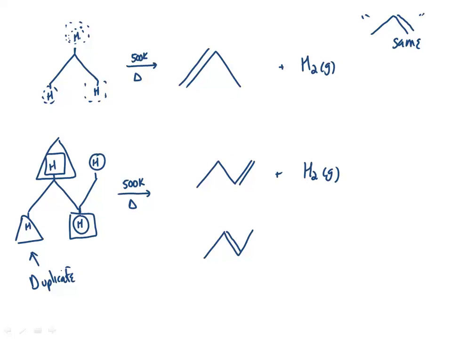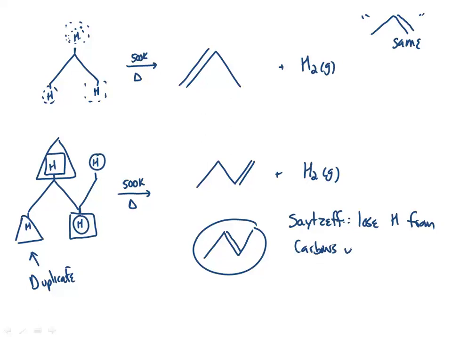And when we have more than one product, what do we know? One is most stable. Which one do you think is most stable, top or bottom? Yeah, this one. Zaitsev, remember, says that we lose hydrogens from the carbons with the least hydrogens.